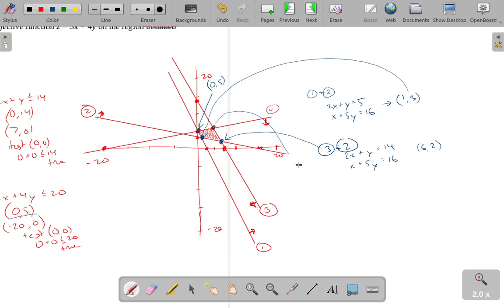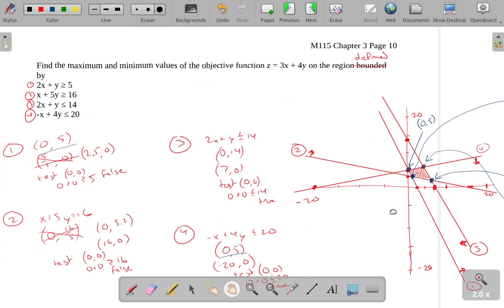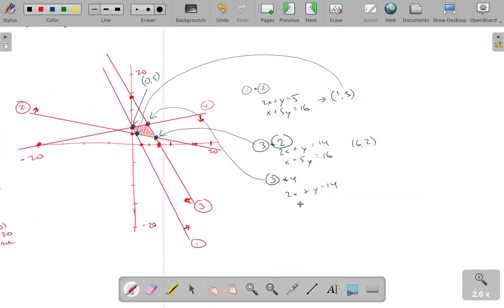And then lastly, there's this one here. This is at the intersection of lines 3 and 4. This equation is line 3, so I'll just copy it down. And when I edit my matrix, I won't need to change that one. 2x plus y equals 14. And the equation for line 4 is the opposite of x plus 4y equals 20.